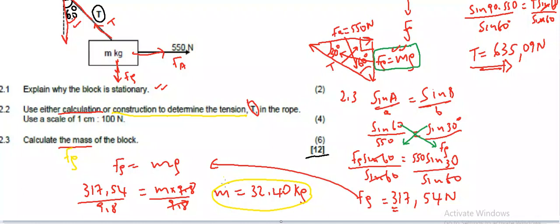So when we see a question like this, where the forces are in equilibrium, I always draw the closed vector diagram. Then I use the sine rule. Then after that, I get the answers.